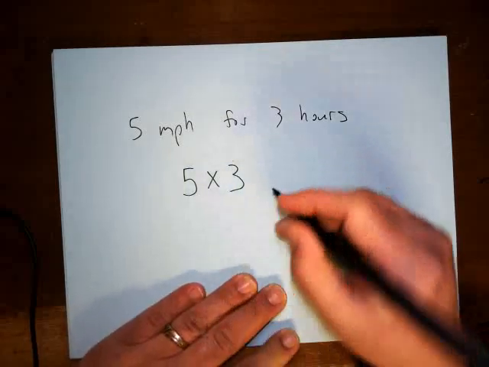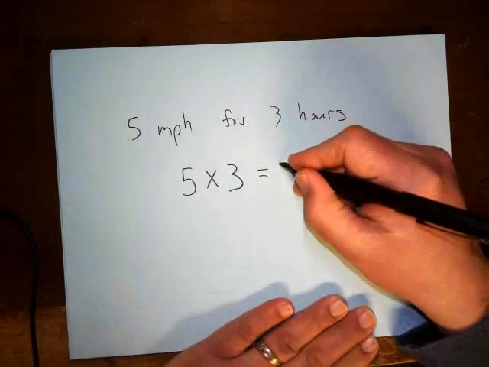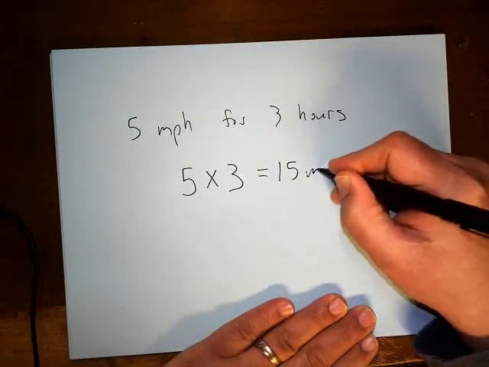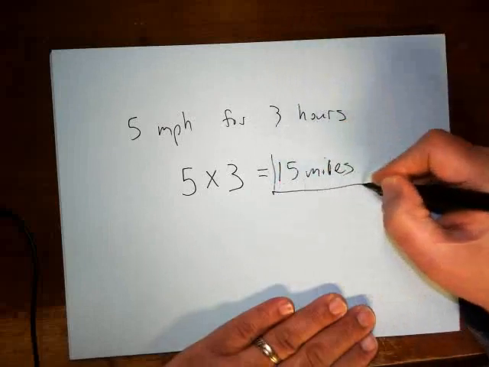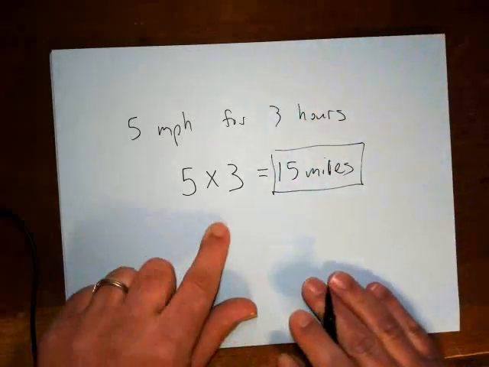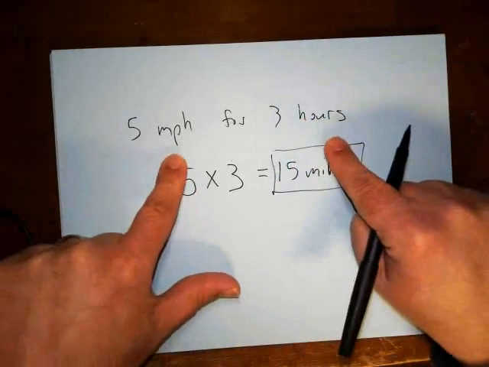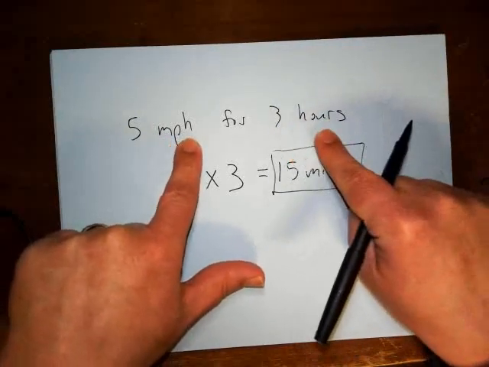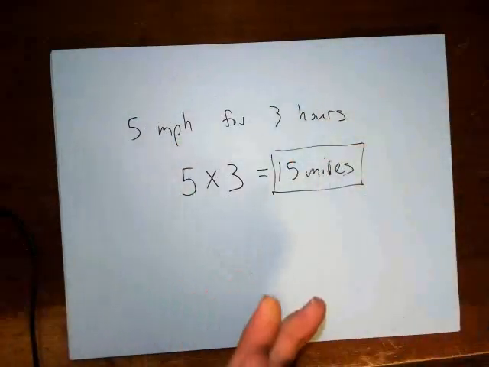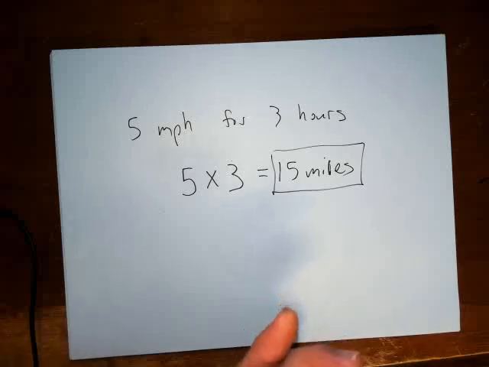So I take 5 times 3, and that means I've gone 15 miles. Okay? And notice in this case, these two match, right? This is miles per hour, and this is the number of hours. They match. So all I need to do is multiply the two together.